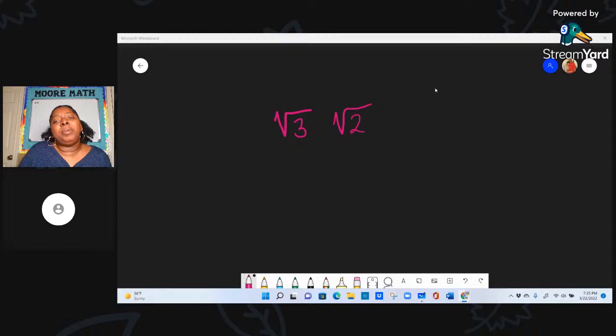Just tell me, what's 3 times 2? 9. Oh, 3 times 2, 6. My fault. No, you're fine. So 3 times 2 is 6. With radicals, we can just combine them. So square root of 3 times square root of 2, we're going to put them under the same radical sign.